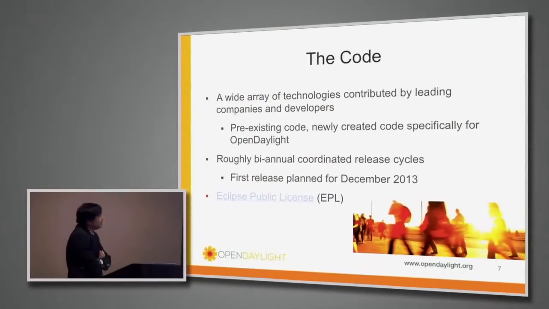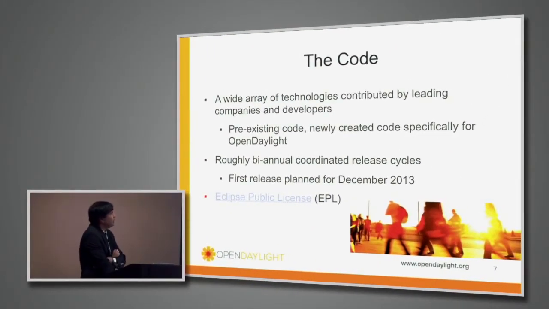The code has been contributed by a whole variety of different companies, and we'll see that in a second. There's both pre-existing code, and newly created code specifically for OpenDaylight. Our goal going forward is to have roughly biannual coordinated release cycles.